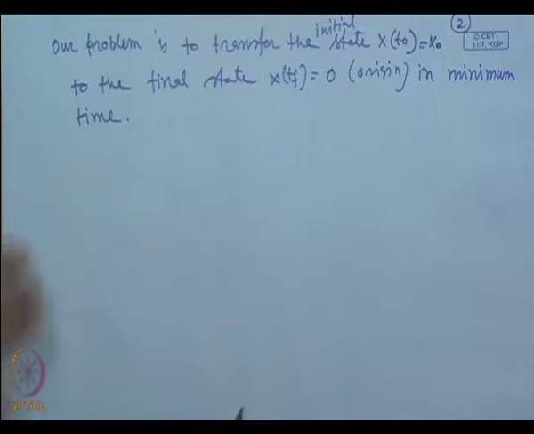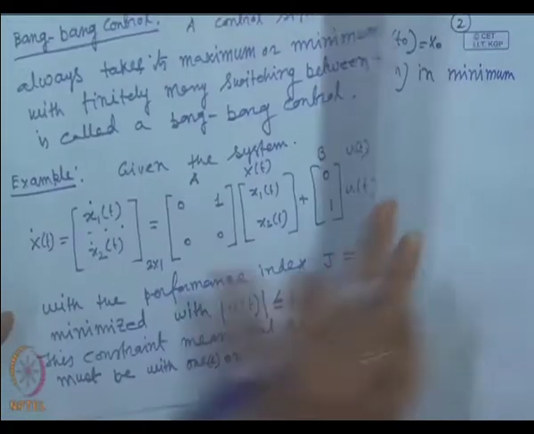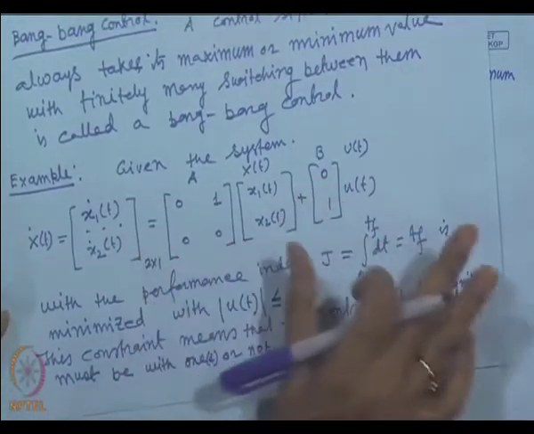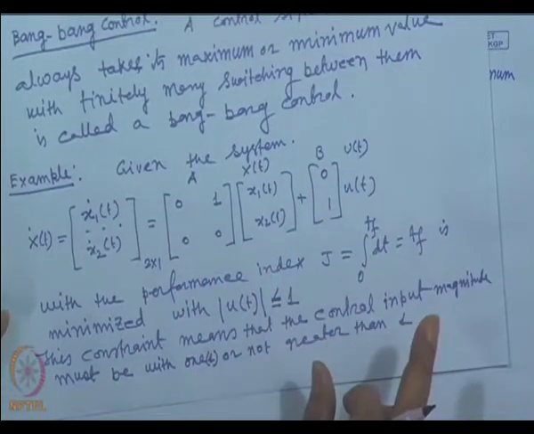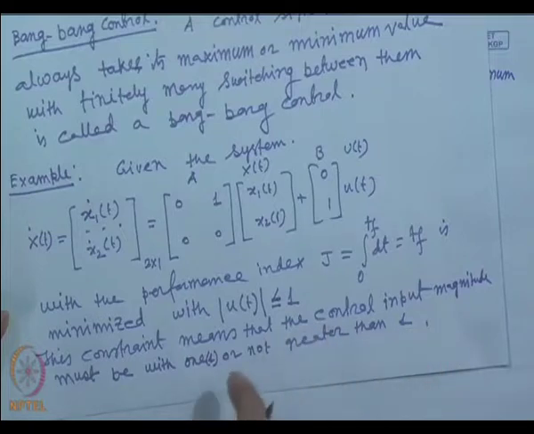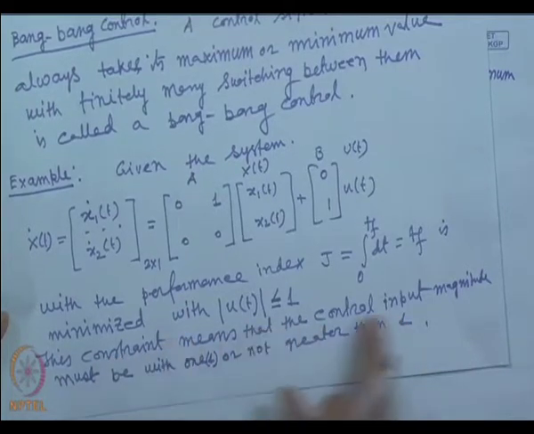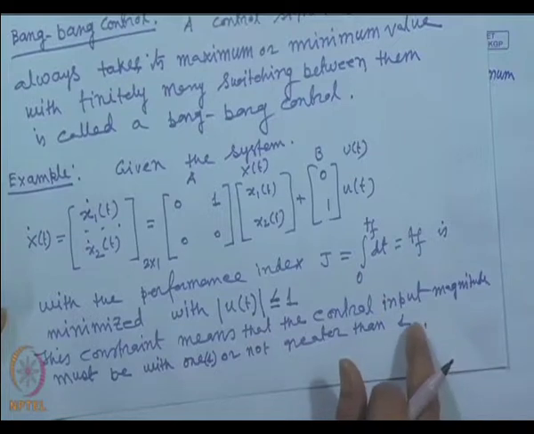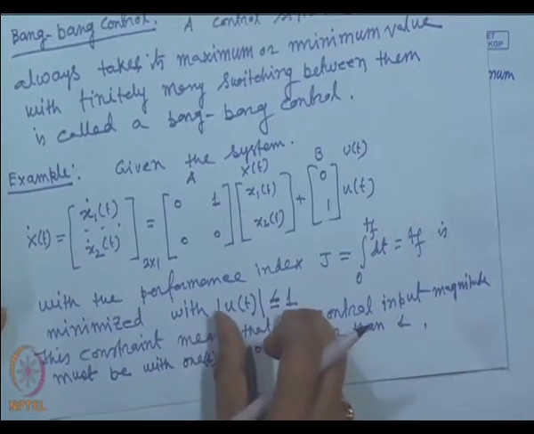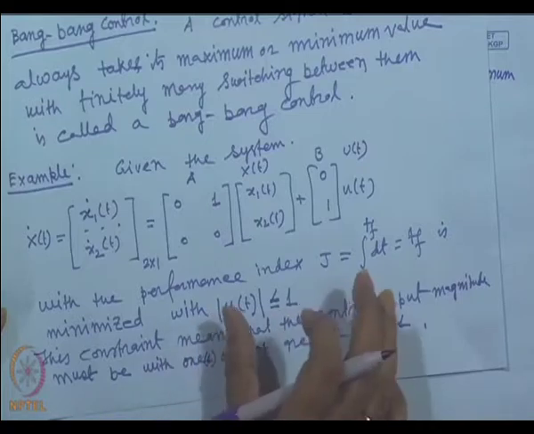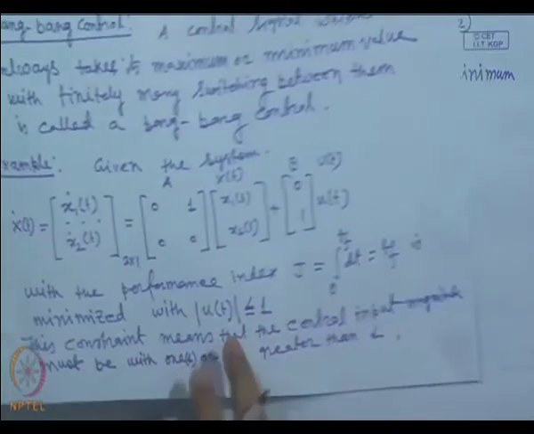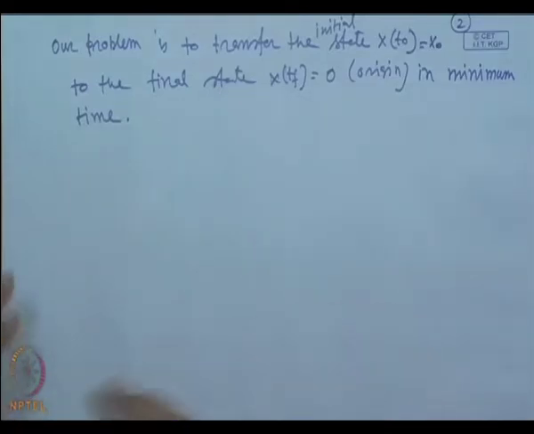When Tf must be minimum. So, given the system, our problem is to transfer the initial state to the final state x of Tf equal to 0, the origin, in minimum time by minimizing this performance index. Not only that, subject to the control input constraint that the magnitude of u cannot be greater than 1, or within 1. So, that is the problem.